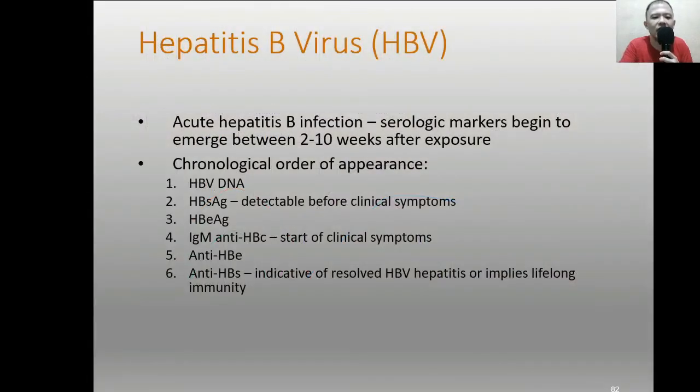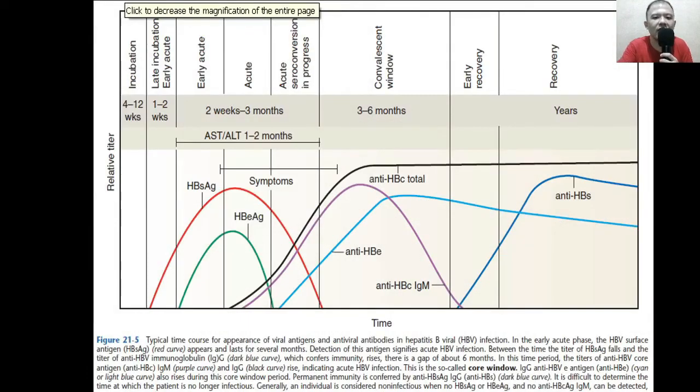So this is the chronological order of appearance. You can just read through them, and this is a very important slide. We have the incubation period, then the rise of the HBS.